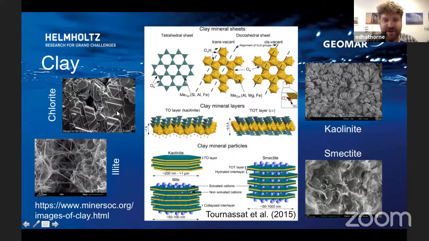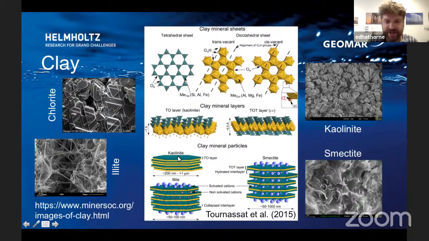I'm going to talk to you today about clays, and this is a really nice picture I found. Clays are made of sheets. There are tetrahedral and octahedral sheets, and then these sheets are layered up as sandwiches. This is a German style sandwich with just one piece of bread, and this is an everyone-else style sandwich with two pieces of bread and another sheet in the middle. These sandwiches are stacked together to make clay particles.